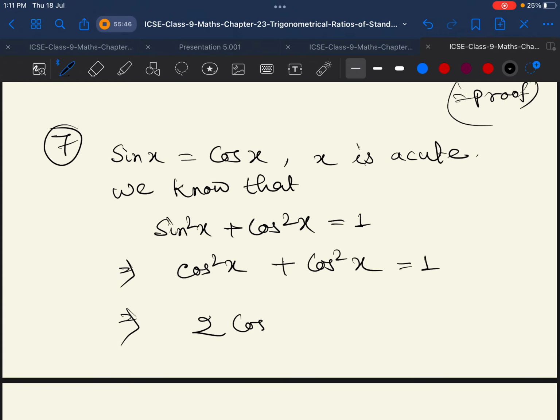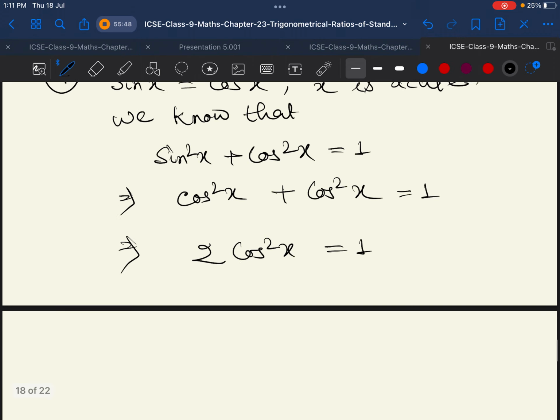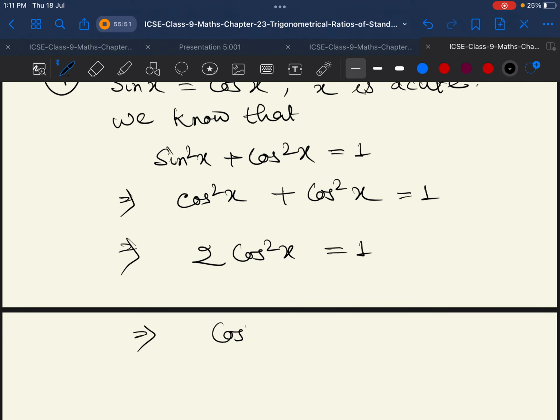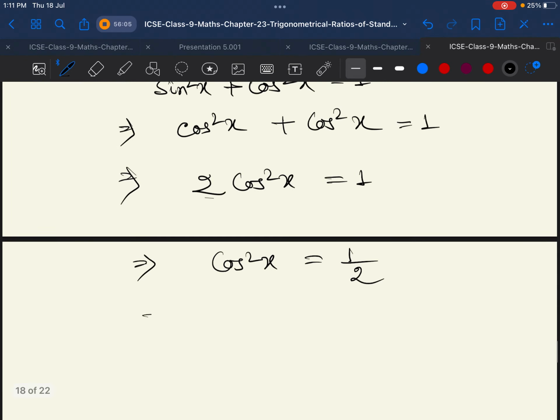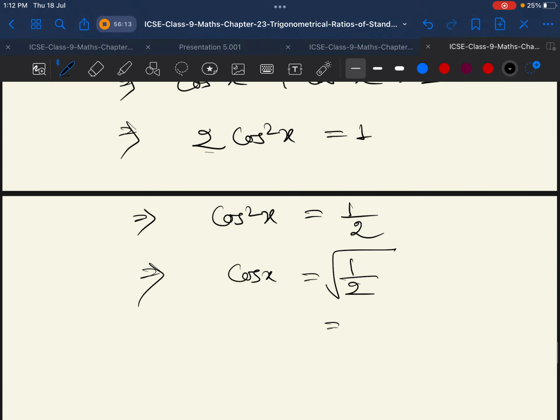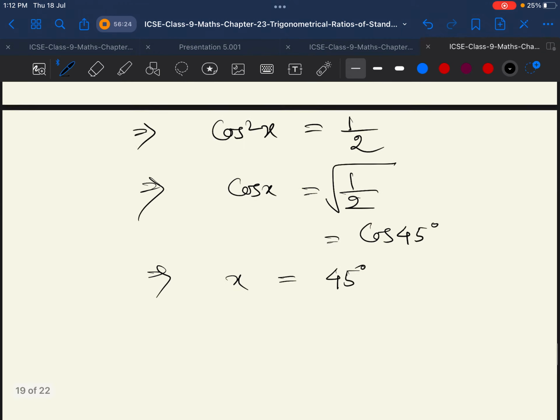So this implies 2 cos square x equals 1. So cos square x is 1 by 2, the 2 shifts to the right hand side as division. So cos x equals the square root of 1 by 2, which is 1 by root 2. We know 1 by root 2 is cos of 45 degree. So x equals 45 degree.